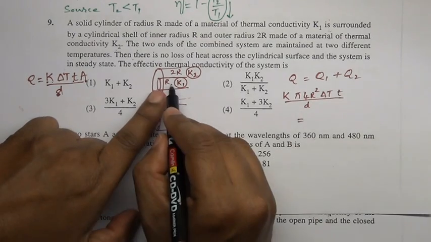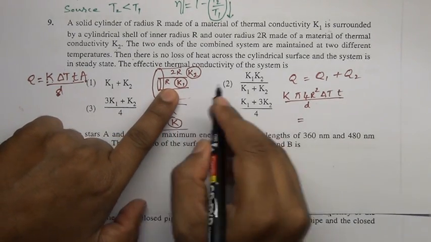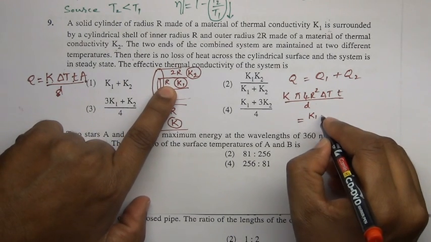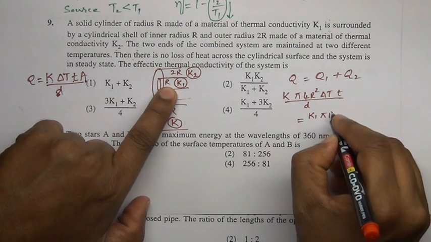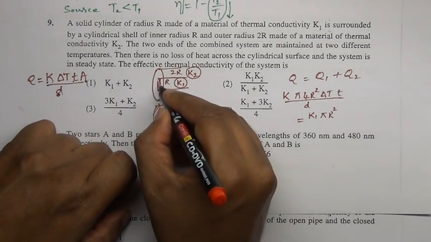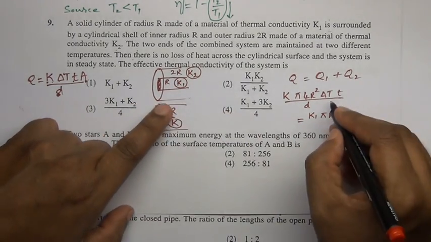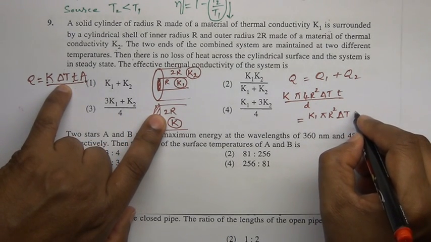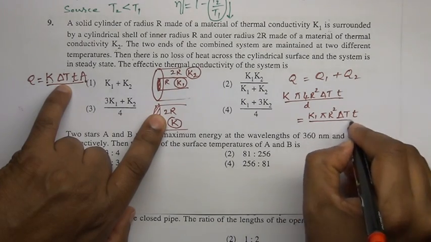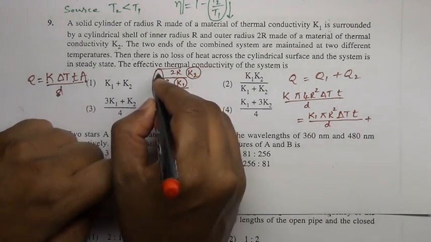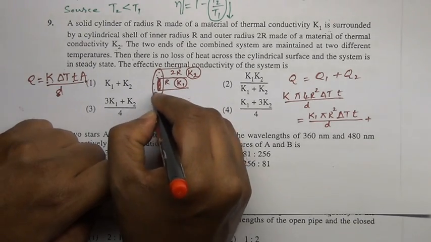Q1 is the heat conducted by the core. K1 is the thermal conductivity of the core. Pi r squared is the area of cross section of this core. Temperature difference delta T, time T divided by depth, plus. Now I want the area of this dotted portion.